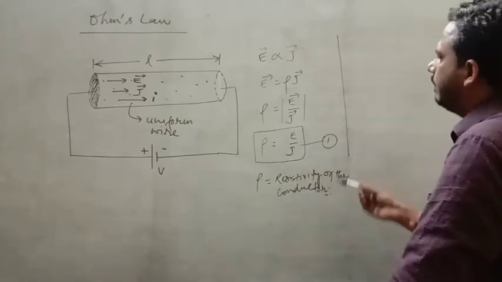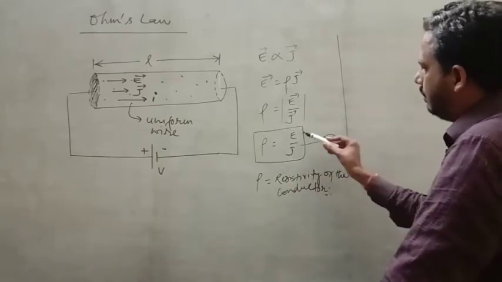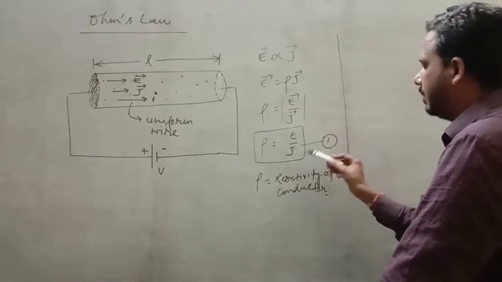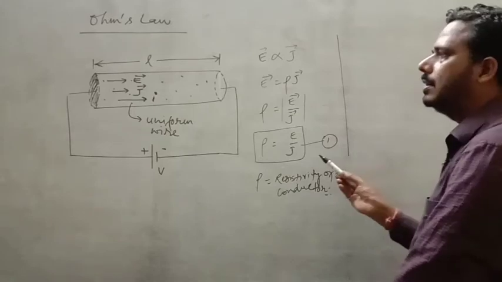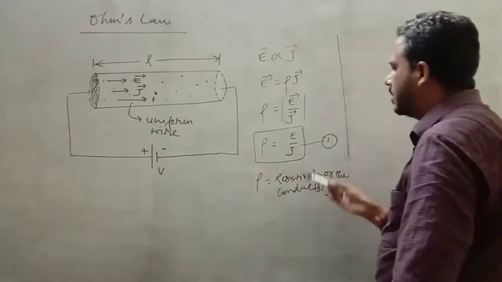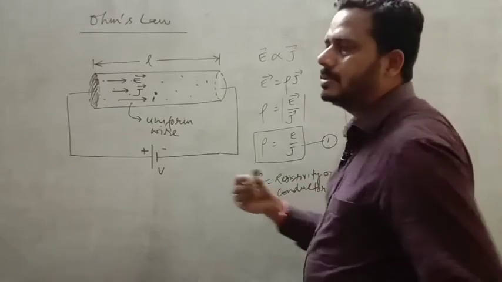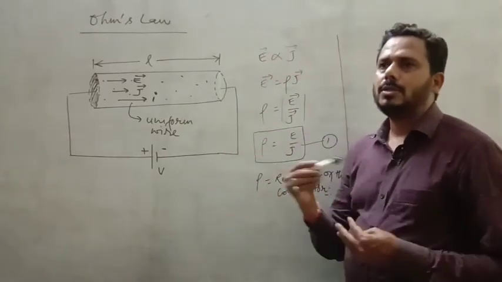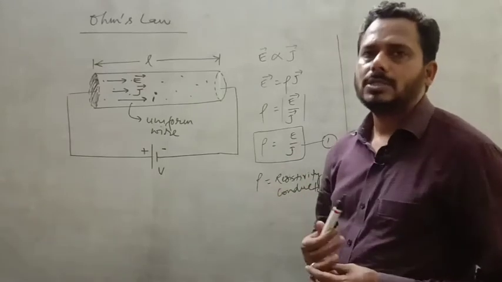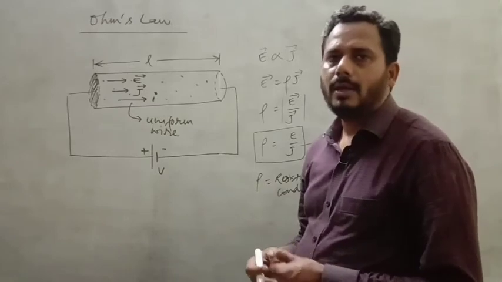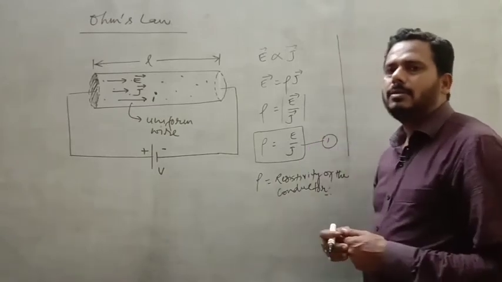So now from here, if we analyze this E and this J, because we have studied in the last video and last class that there is a relation of current density, that it is the ratio of current that passes through per unit cross sectional area, that is J is equal to I by A. So it is a relation.